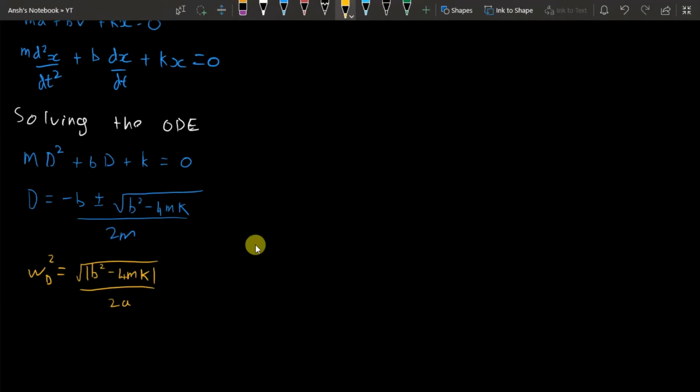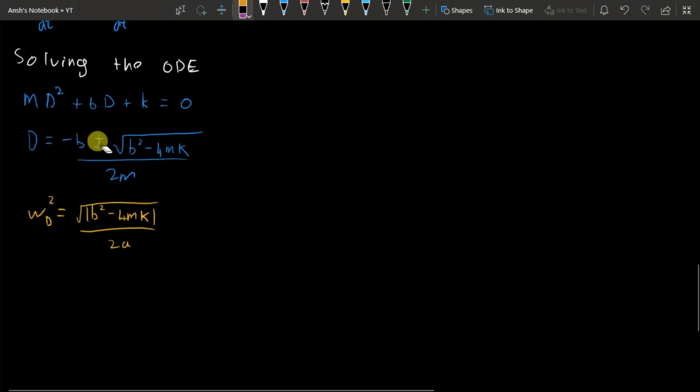This is the value of omega d, and the reason we've done this is because we want omega d to be the damped frequency of the oscillator, and the frequency of the oscillator can only be positive. So we are taking the modulus of this term, which can be negative depending on the values of m, k and b, so that the frequency will always be positive, and any other negative terms we'll handle in the equation itself, and we'll see how.